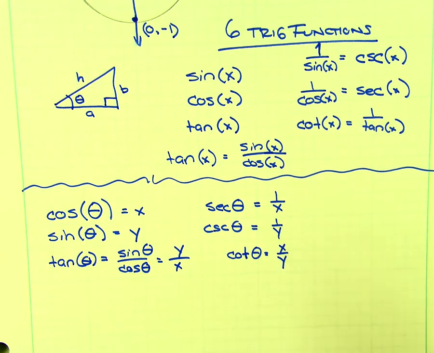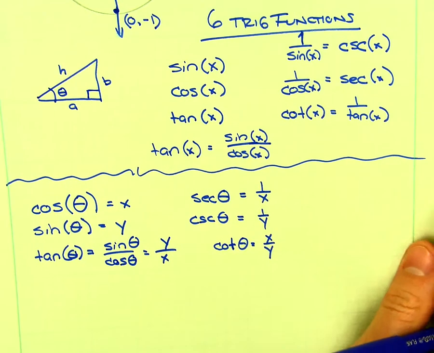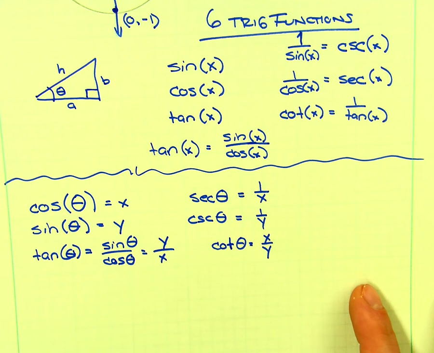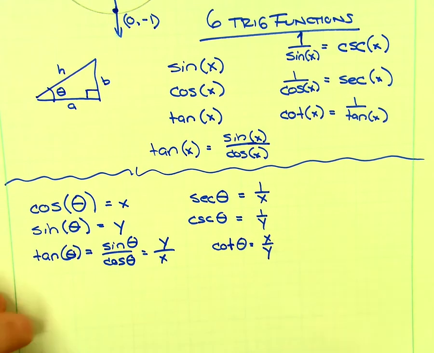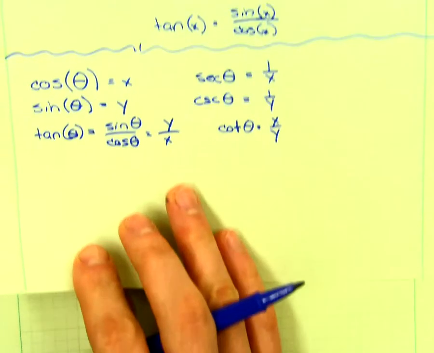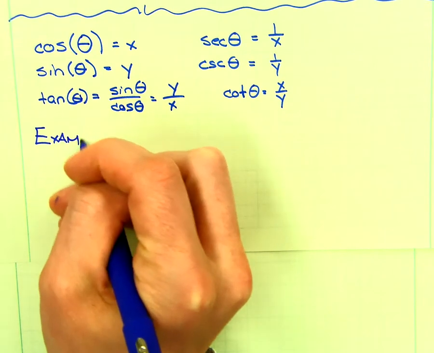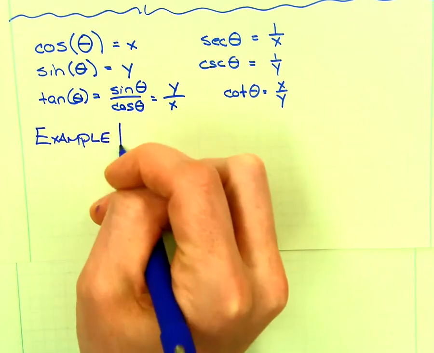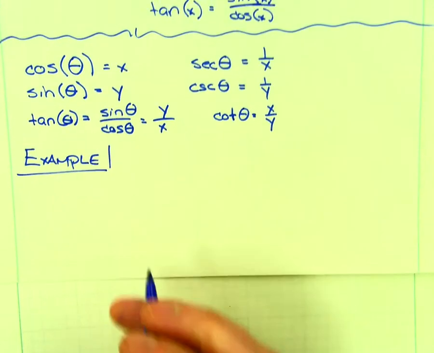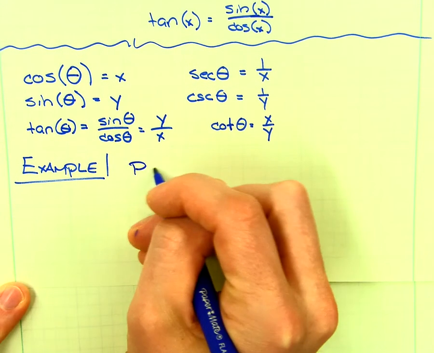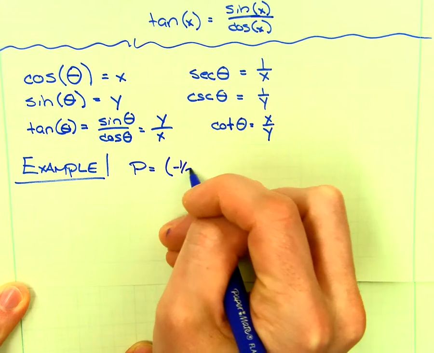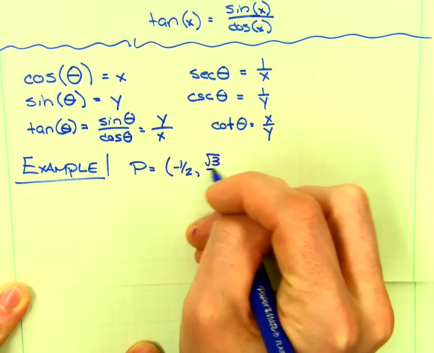Now, suppose I had a point on the unit circle, and I'm looking for what the relationship is between theta and the point. I just want to make this really, really obvious. So the example that I'm going to give is basically I'm starting off with a point P equal to (-1/2, square root of 3 over 2).